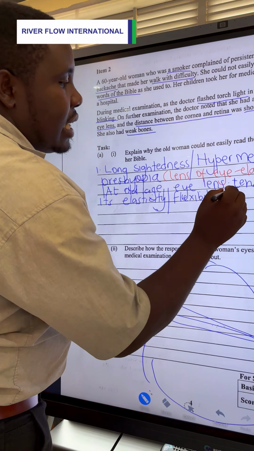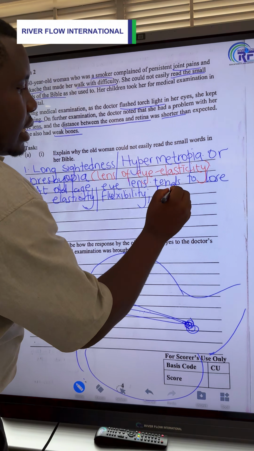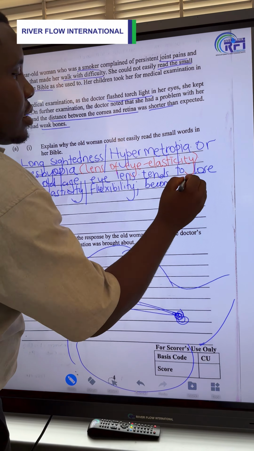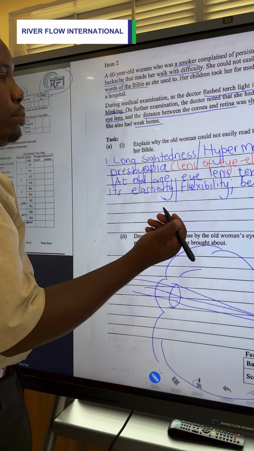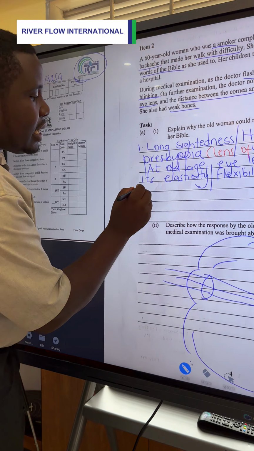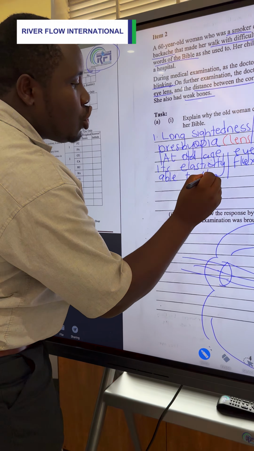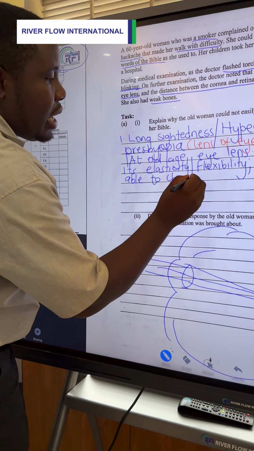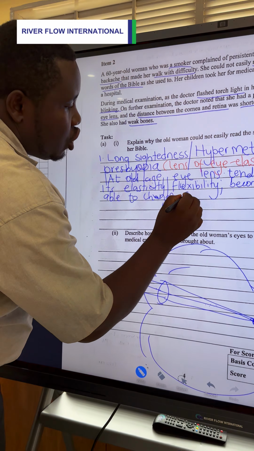This means that the lens becomes less able to change shape. That means contracting, relaxing, changing shape.